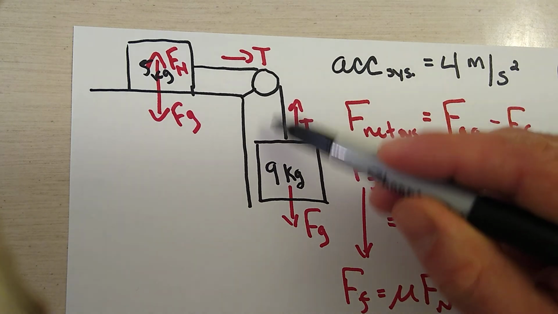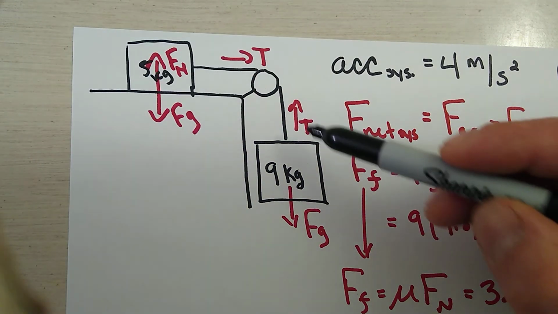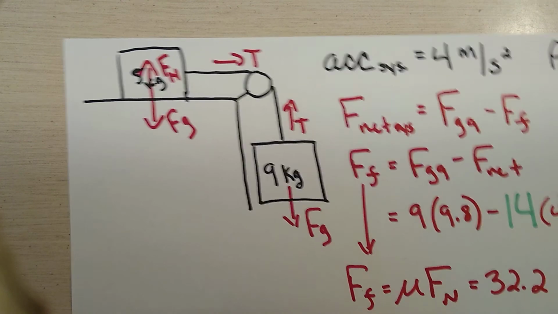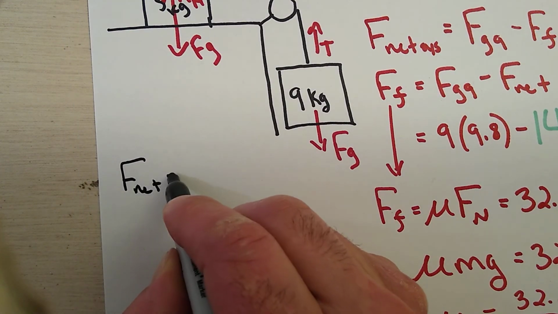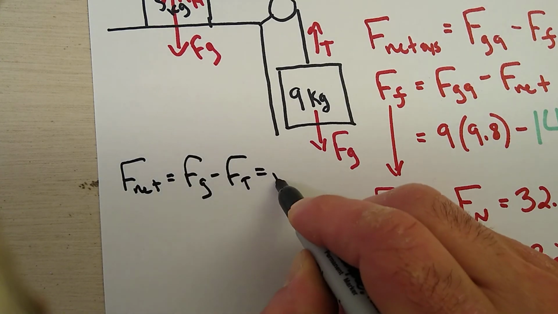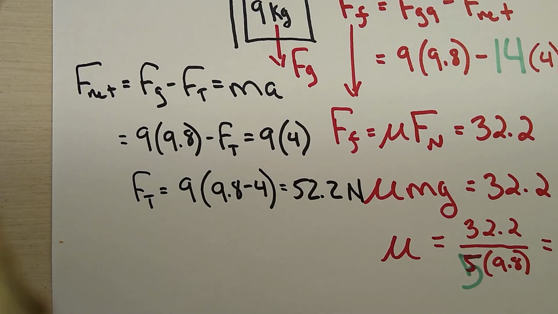Now we can include tension force because since it's a 1-body system, it's not being canceled. And so these two forces come together to make this mass accelerate. And so let's put that together. Plugging in the numbers, rearranging, and doing our algebra appropriately, we find that the tension force is 52.2 newtons.